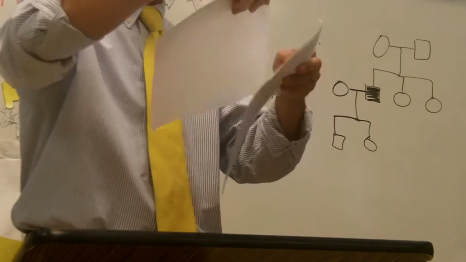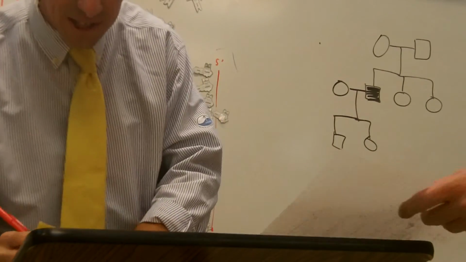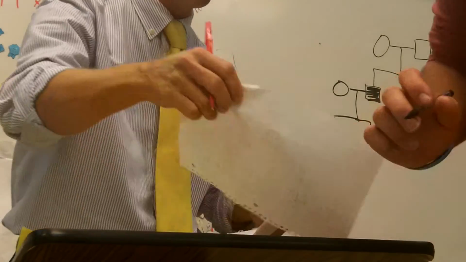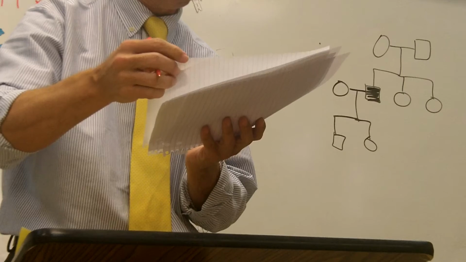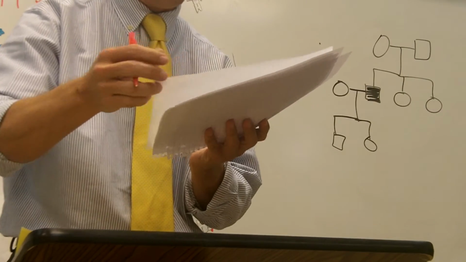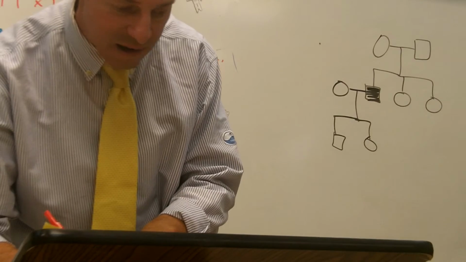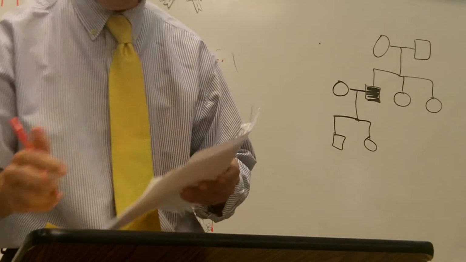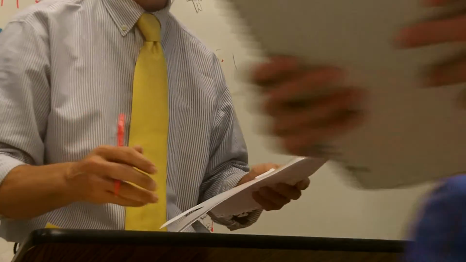Team Peach got 2 wrong. They get 10 points. Team Purple got 2 wrong. They get 10 points. Team White got 2 wrong. They get 10 points. Anyone else?